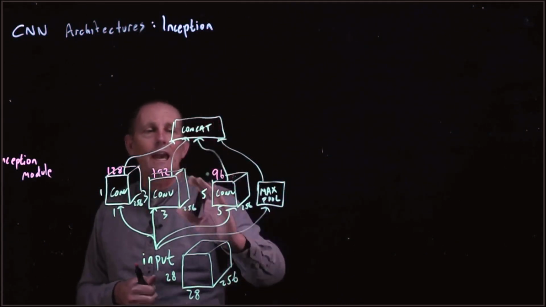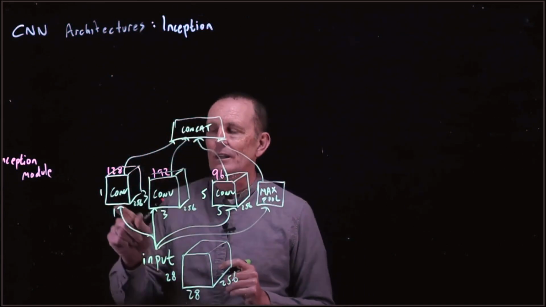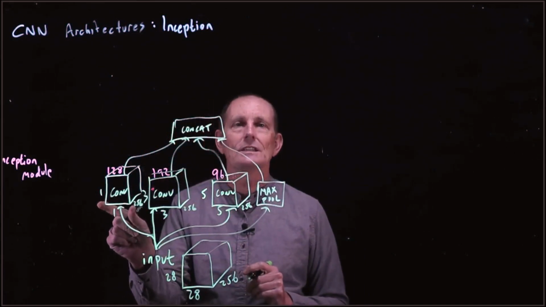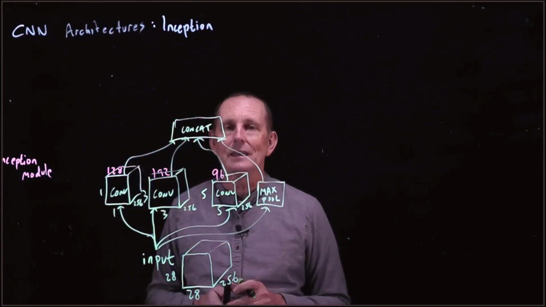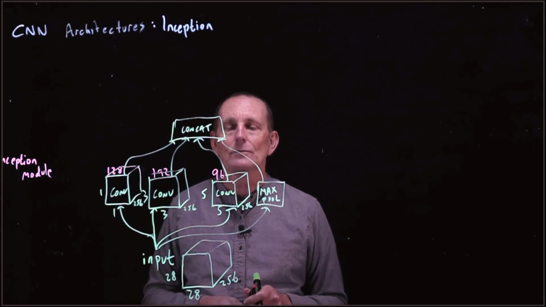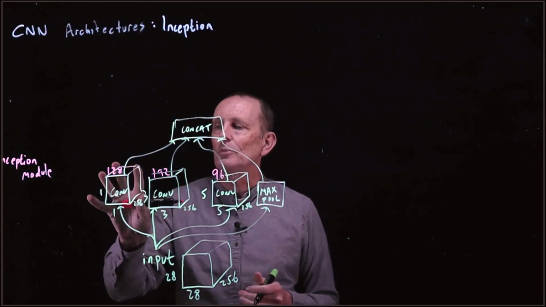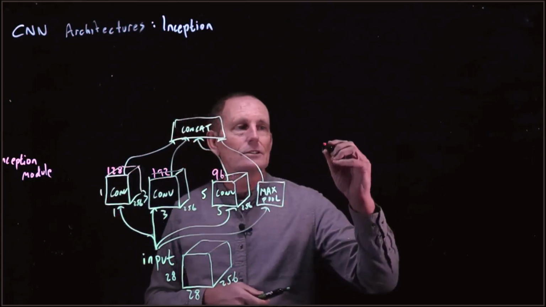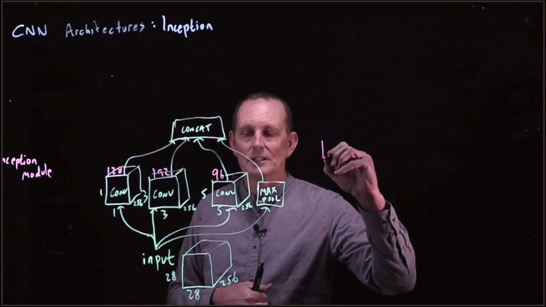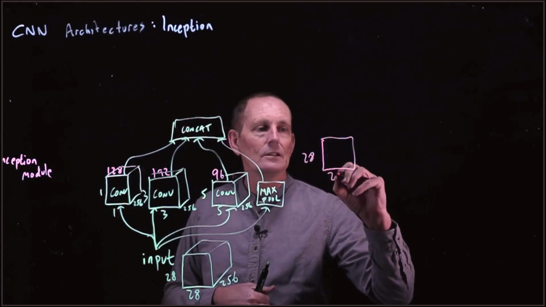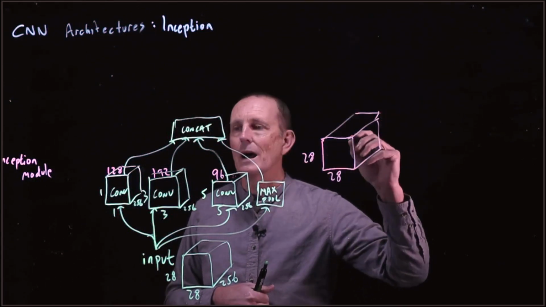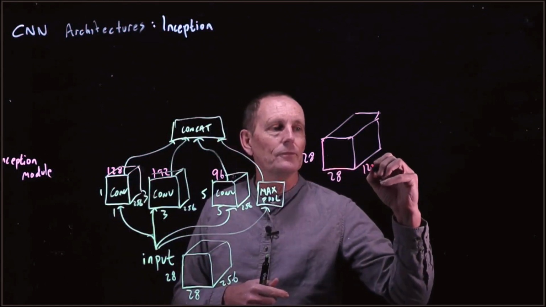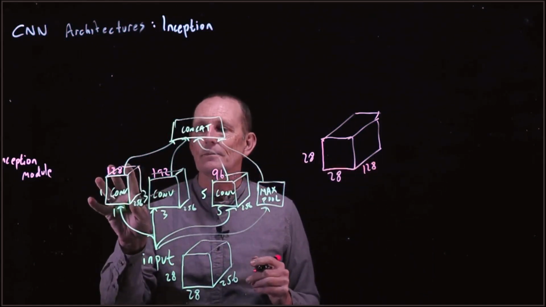So if we look at the concatenation just of the convolutions, and assume that these convolutions each have half padding and a stride of 1, then the output of the 1x1 convolution is going to be of size 28 by 28 by 128. So that's what's coming out of here.